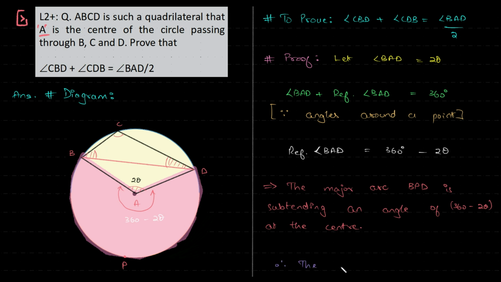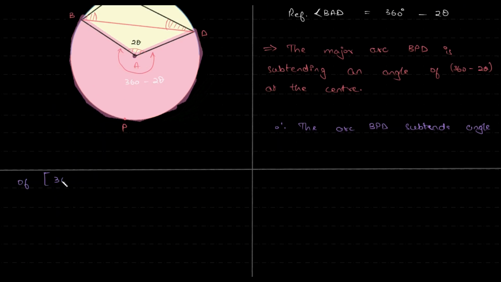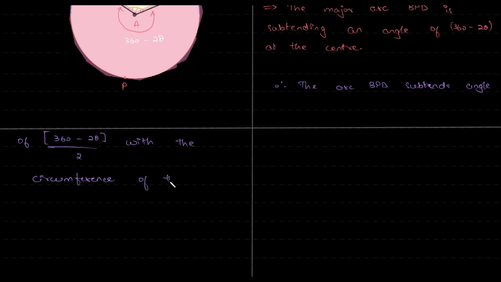Therefore, the arc, understood? This is how you make use of the language, and this is how you connect things. Subtends an angle of how much? 360 degrees minus 2 theta, divided by 2, at the circumference of the circle.